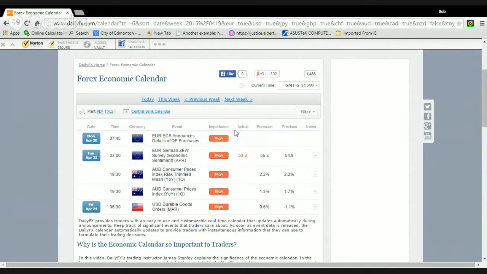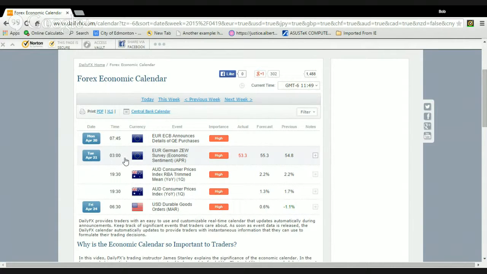I primarily trade the overlap between the London and New York sessions, about 6 a.m. Mountain Standard Time to about 10 a.m. Mountain Standard Time. Long before that session comes up, at the beginning of the week, on a Sunday, I look at all the high impact reports that are going to come out for the week.